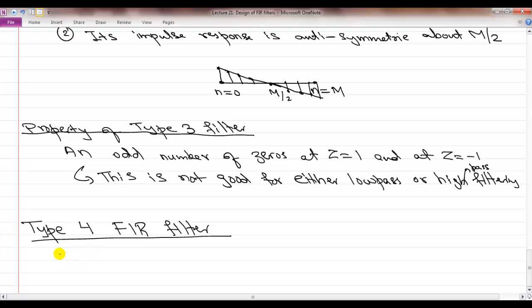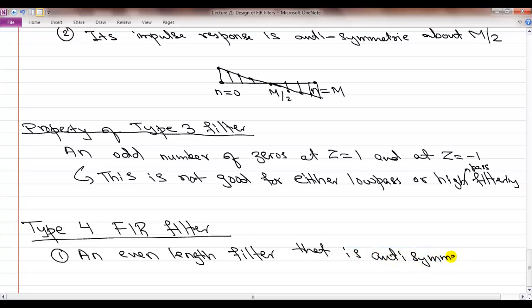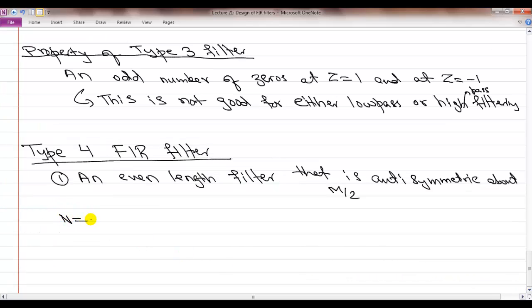This is an even length filter that is anti-symmetric about m by 2. So what this means is that my n is even and m is odd.